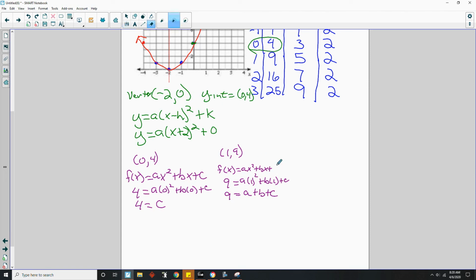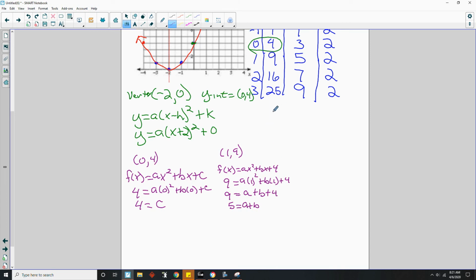But we could also get rid of this c now because we found out c is 4. So I can substitute in 4 for all of my c's. Once that's a 4, then when I move 4 over to the other side, by subtracting 4 from both sides, I will get a plus b equals 5. So now I know the sum of a and b is 5.